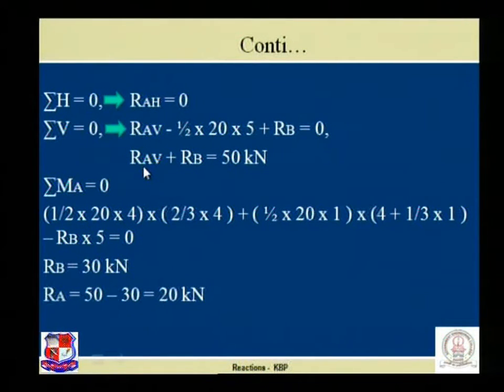This is an equation having two unknowns, RAV and RB. Let us use the third equilibrium equation, sigma MA is equal to 0, and we will obtain the unknown RB over here. See the figure.